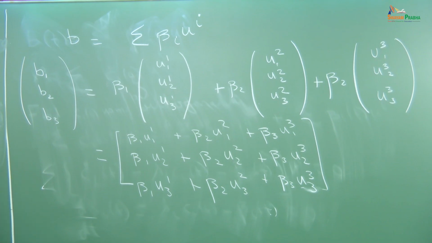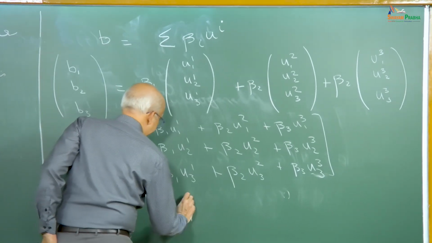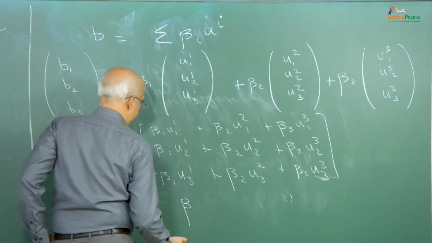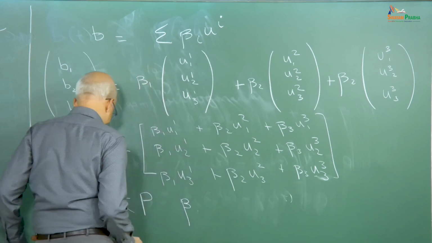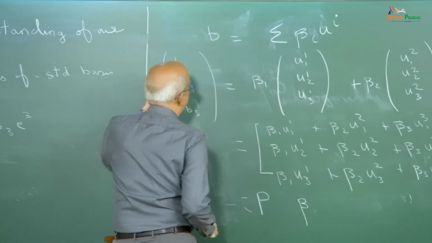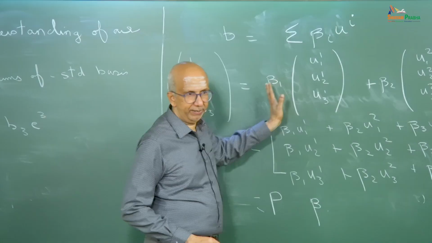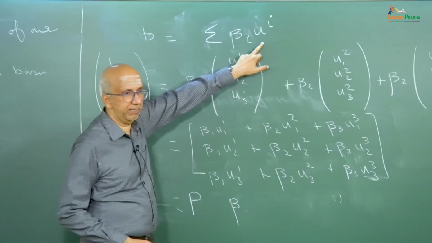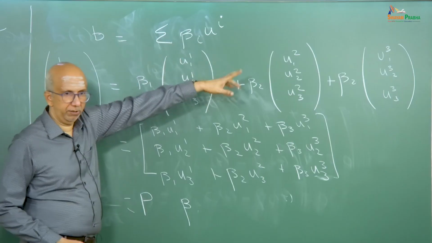I can write this as P times beta. Basically I have written B in terms of the eigenbasis, expanded this out, where ui's are the eigenvectors, and these vectors have this kind of representation.